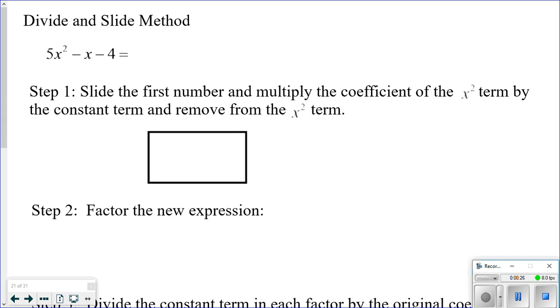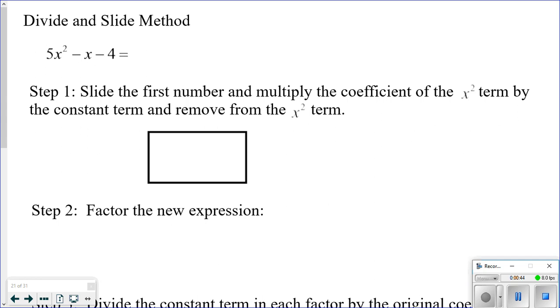So our first step here is to slide our leading coefficient, that first number, which is 5, and we need to multiply it by our constant term, by our third term, and then we need to remove it.